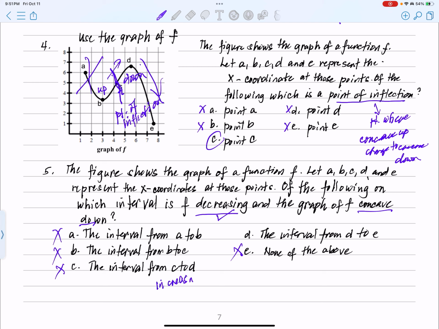So you can eliminate that right away. So our answer would be the interval from D to E, because this is where the graph is decreasing.